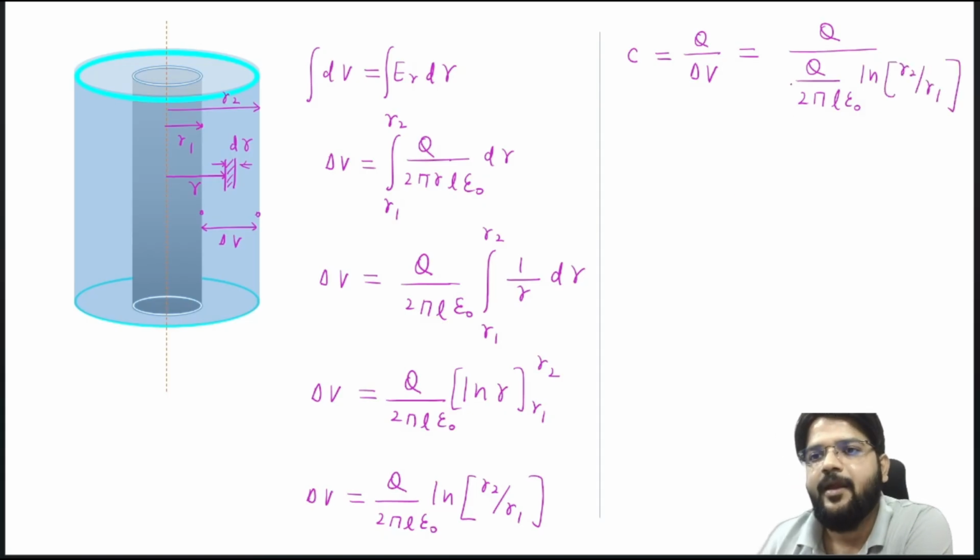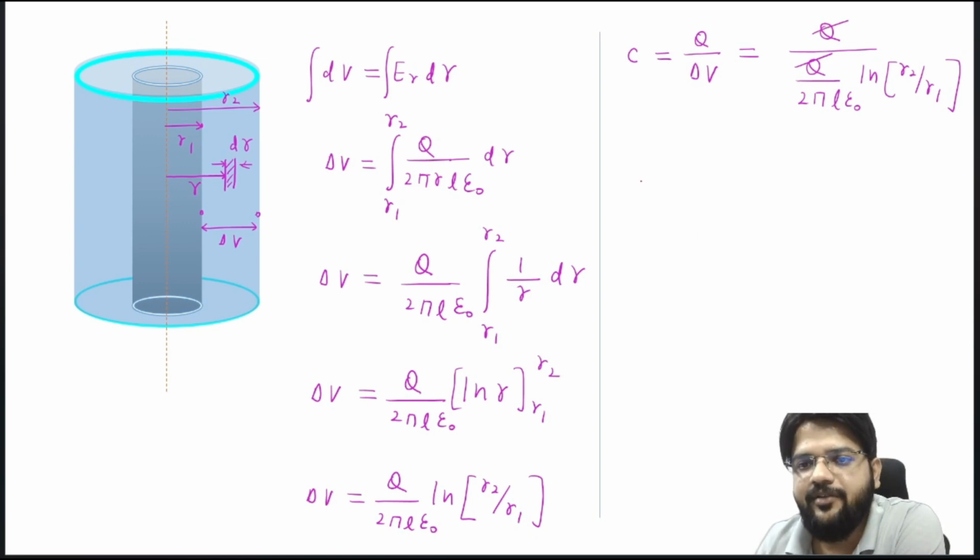Now Q is cancelling, so finally we have capacitance equal to 2 pi L epsilon naught by log R2 by R1. Finally we have this result, correct?